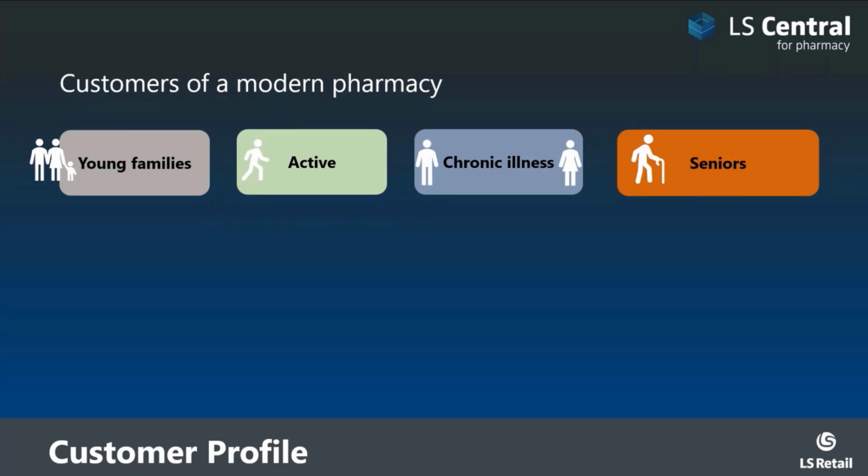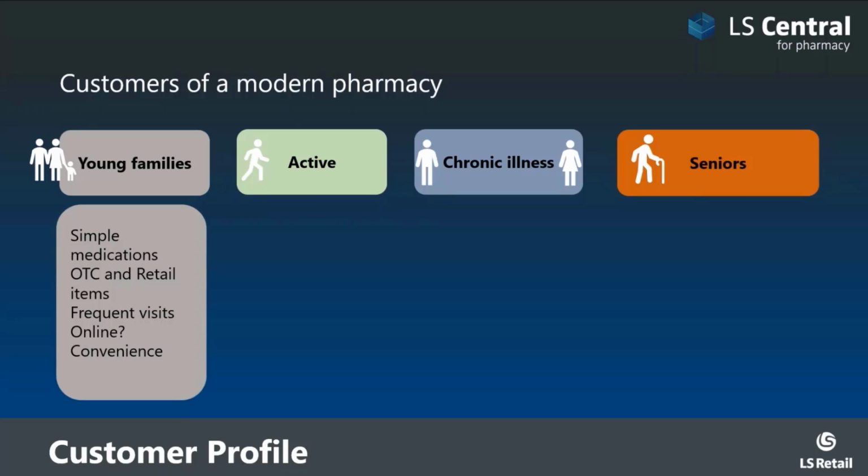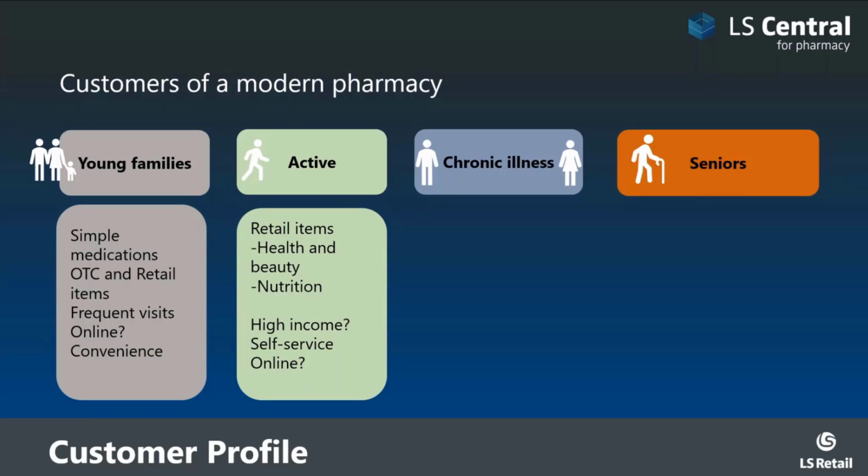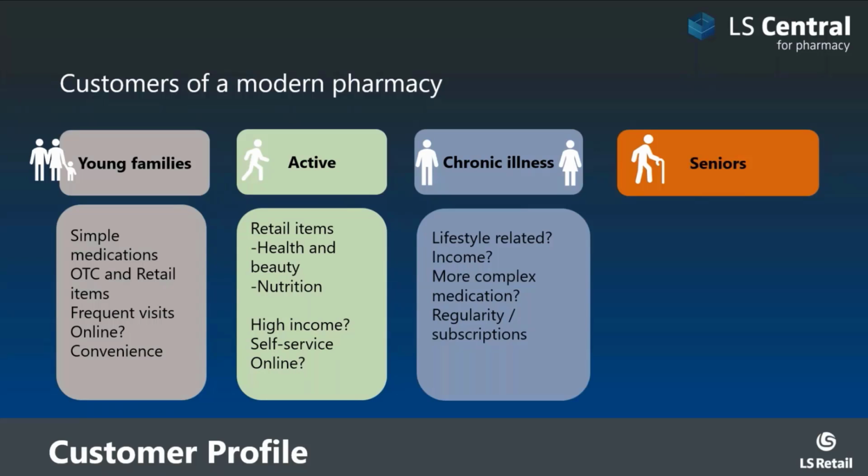If you look at the customers in a typical pharmacy, we could have young families with their needs. They're probably in a hurry, need different types of items, both drugs, but also items that do not require a prescription. We have those that are active, maybe looking for nutrition and so on. We have people with chronic illnesses that may, for example, require a subscription.